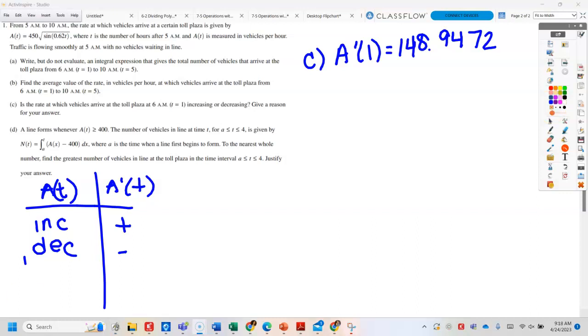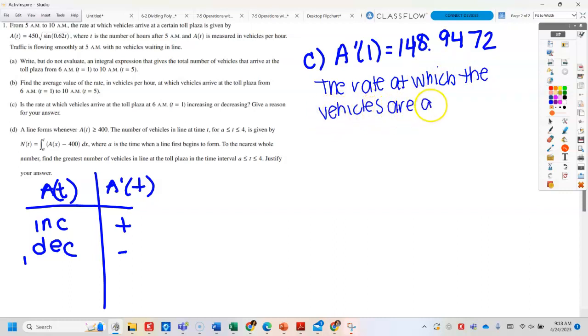So if A prime of 1 is a positive value, then you would put for your justification that the rate at which the vehicles are arriving is increasing at t equals 1 hour, or at 6 a.m.